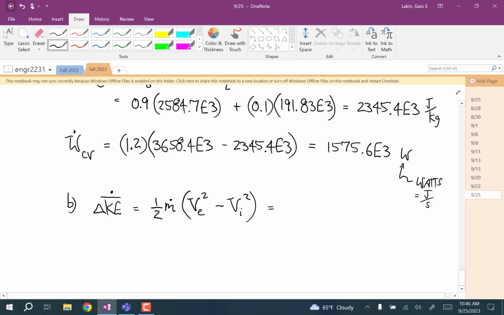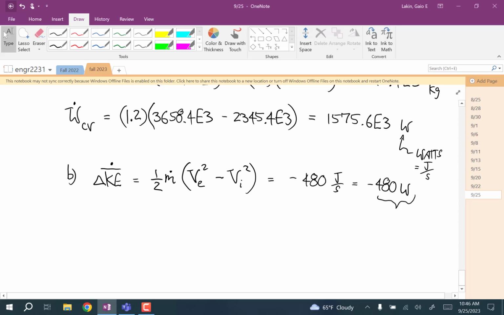You can just plug in the speeds that are given, and this gives negative 480 joules per second. So if you look at the order of magnitude that we have for our power generation, it was very reasonable to just ignore this. You see why we tend to set that equal to 0.